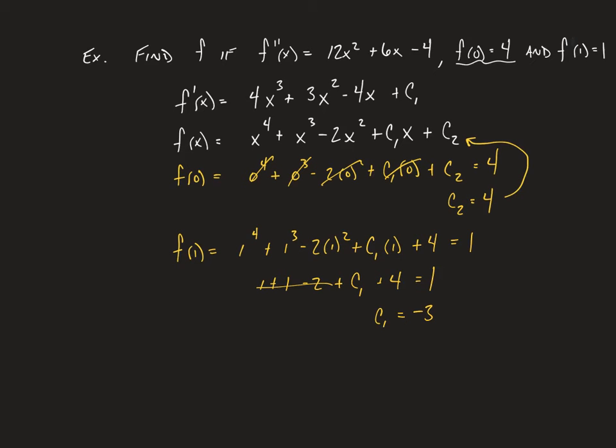So when I state the actual original function, f of x, I can plug in the values of those constants. So it's going to be x to the 4th plus x to the 3rd minus 2x squared plus, well, I should say minus 3, because that first constant is negative 3, x plus 4.